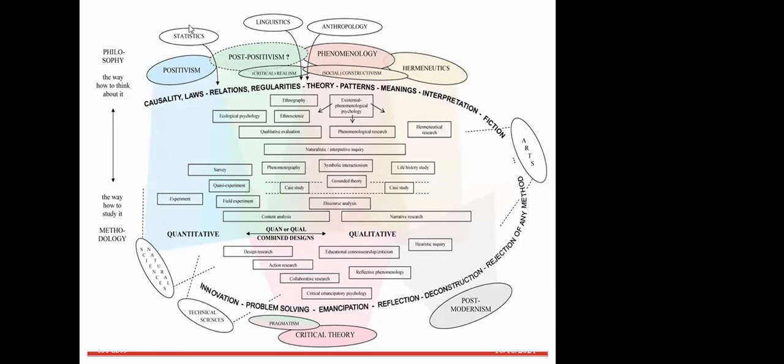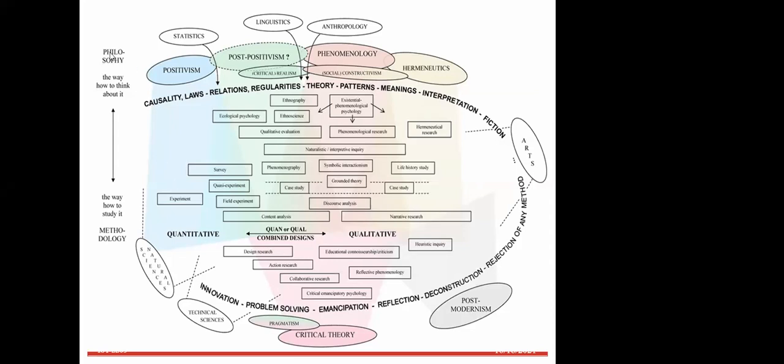In this slide, we have statistics, linguistics, anthropology, different disciplines had to come up with their way of doing research based on how they think about research, how they think about the problems within that discipline, and how they will look for knowledge within that discipline.